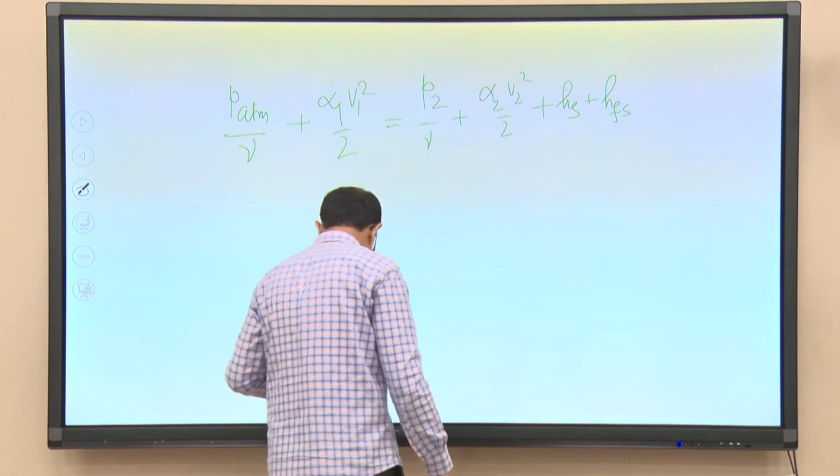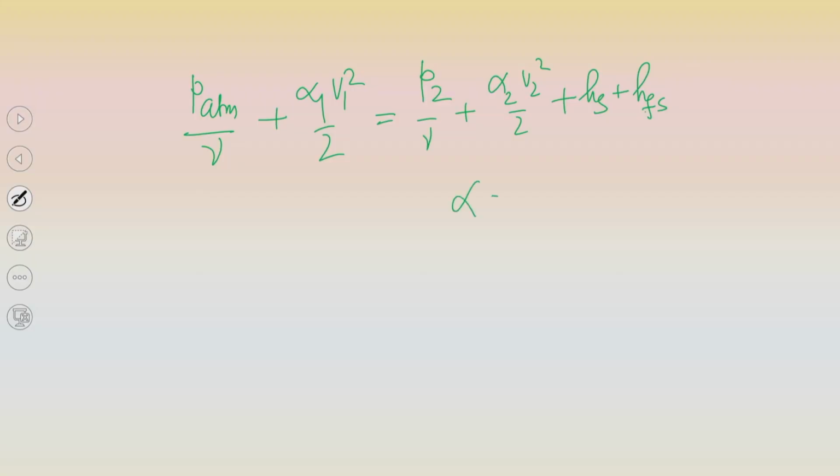Okay. Now, the question is this alpha is always greater than 1. Alpha equal to 2 for a circular pipe, which you can get from any fluid mechanics book. So, the greater the alpha, the greater the velocity variation.